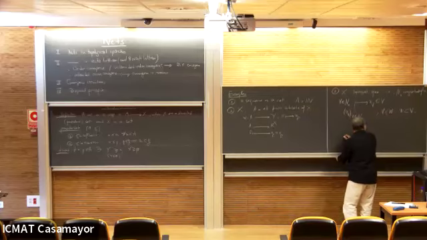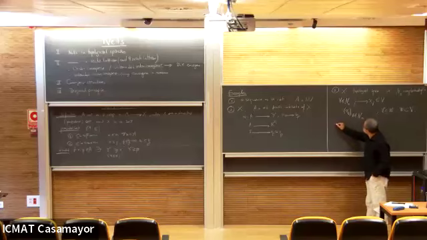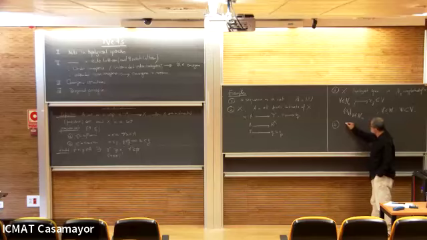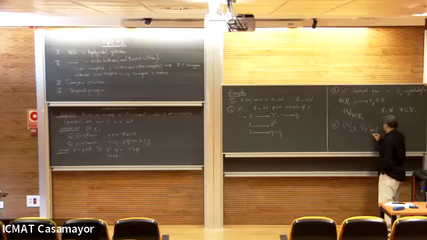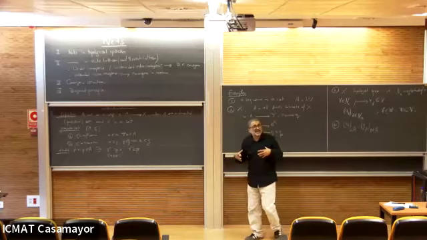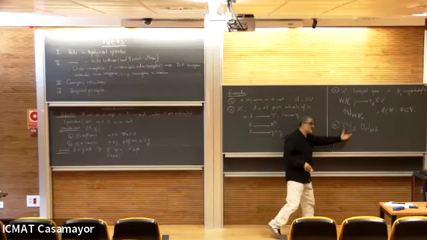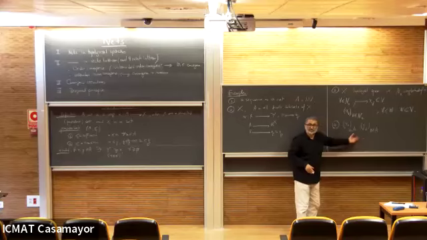I want to mention some trick as an example. If you consider two nets indexed by two sets, in general, sequences are indexed by n, so I can add two sequences because we have the same index.